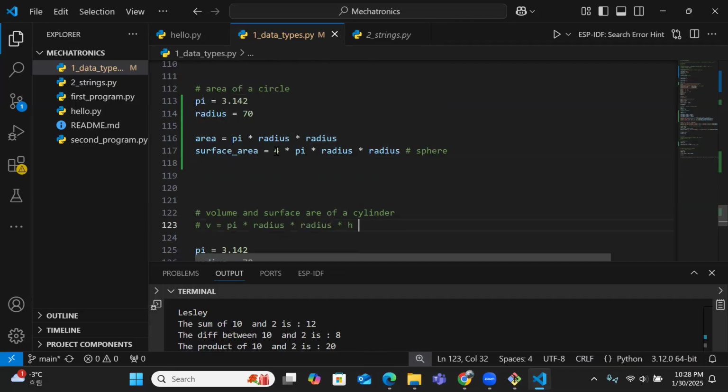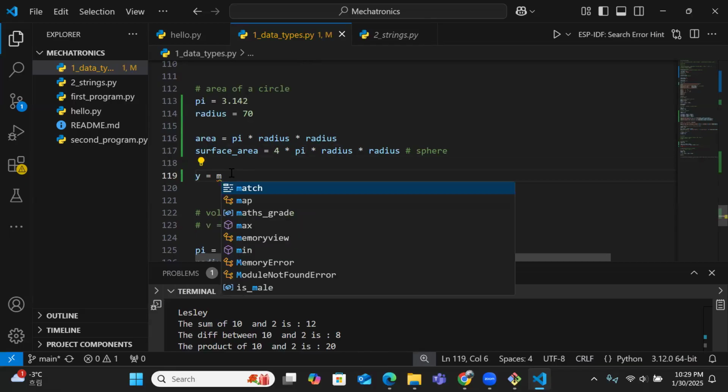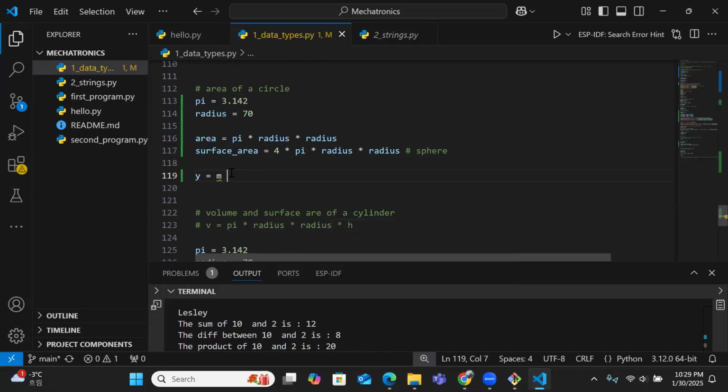I wanted you to know that you can put a number here. For example, what is the value of y in a linear equation? y is equal to mx plus c.